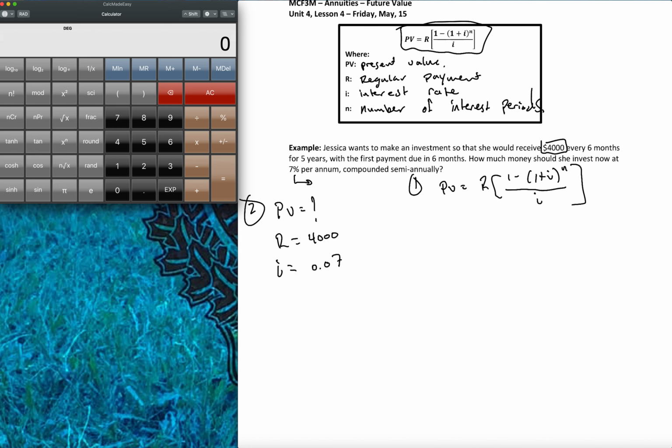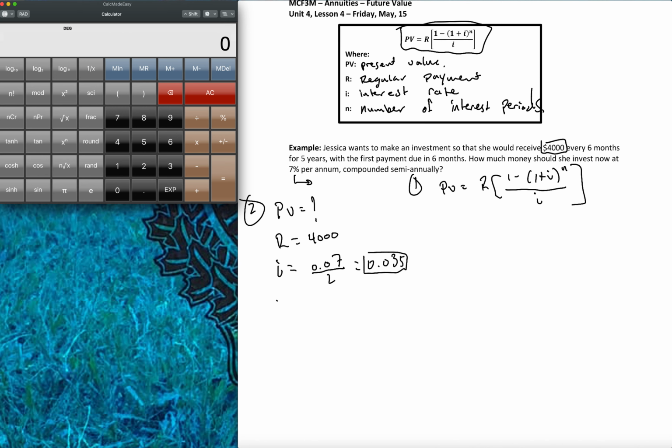So she's going to earn this interest twice every year. Every time it gets compounded, she's earning this percentage.